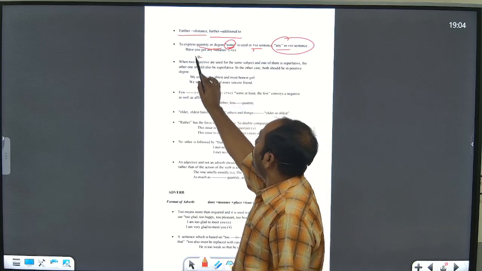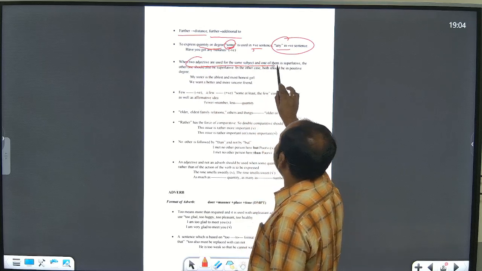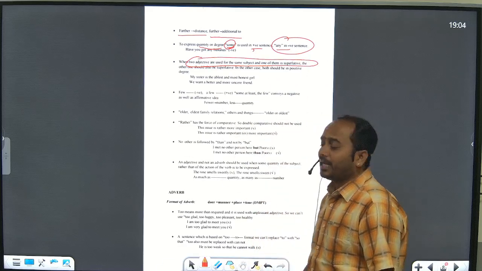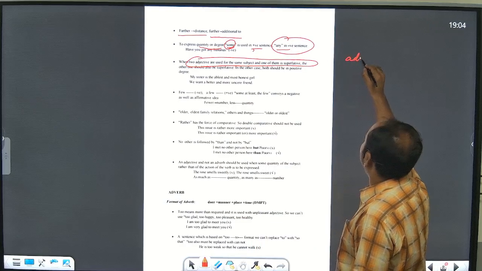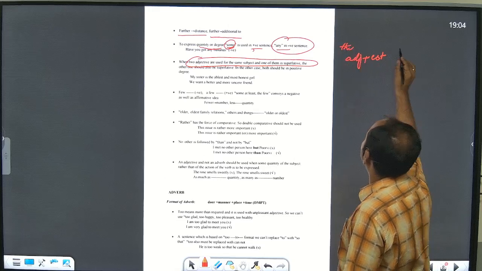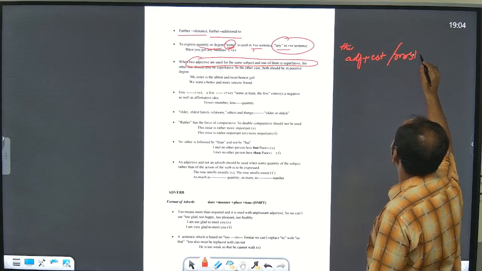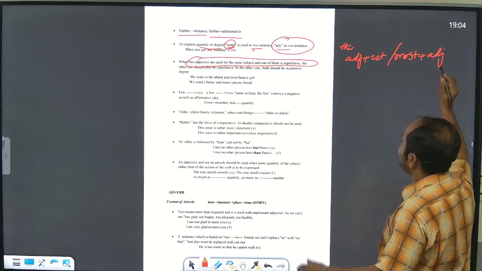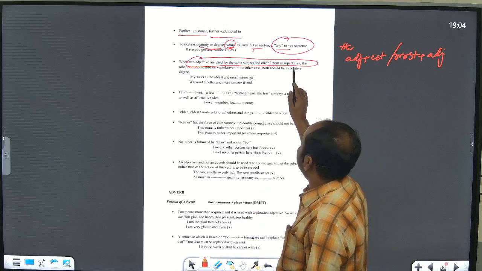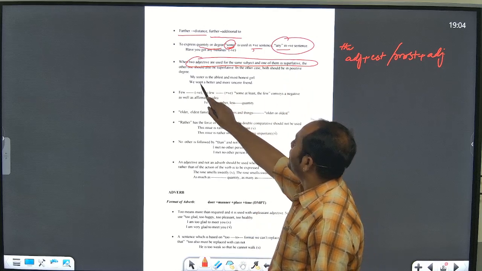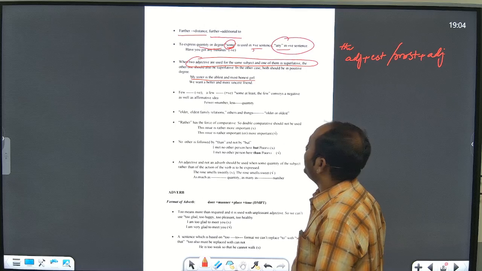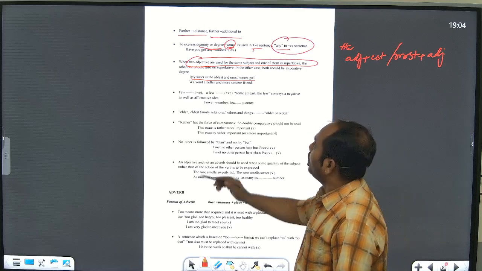And when two adjectives are used for the same subject and one of them is superlative. Superlative means adjective plus est form preceded with the, or most plus adjective form should be added. That means highest. So if the superlative degree is added: my sister is the ablest and most honest girl. What is the point here?